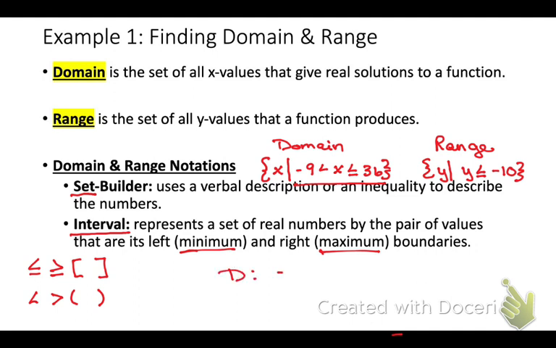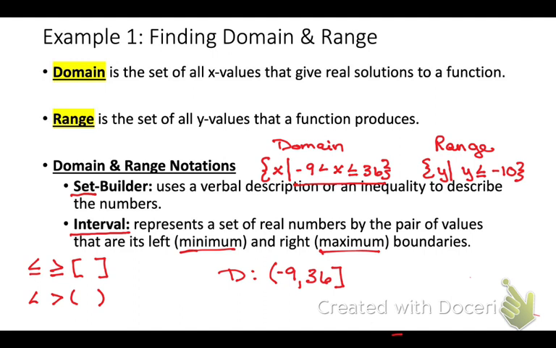So I put -9, comma, and the maximum is 36. Is -9 included? No. So do I use a bracket or parenthesis? Parenthesis. Is 36 included? Yes. And so I use a bracket.